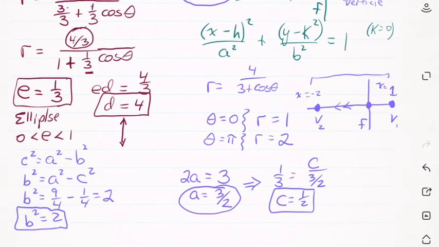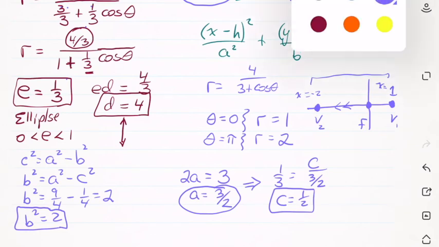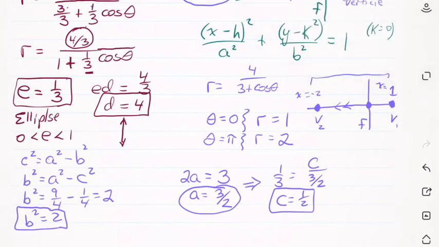So my final equation, I'll do it in green, and I'll write really finely, is going to be x minus a half, because the center is at negative 1/2, 0.